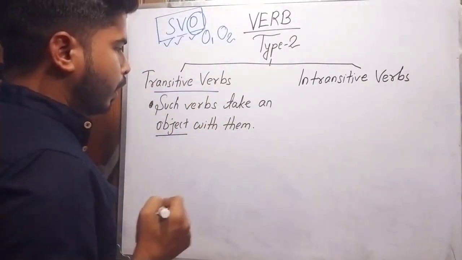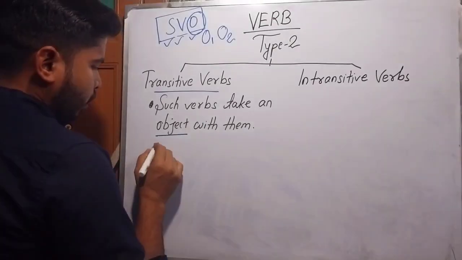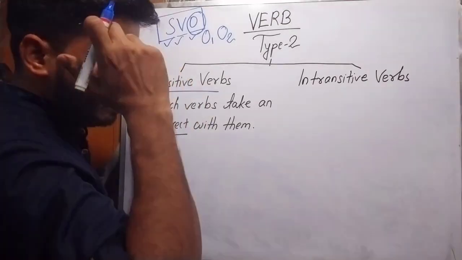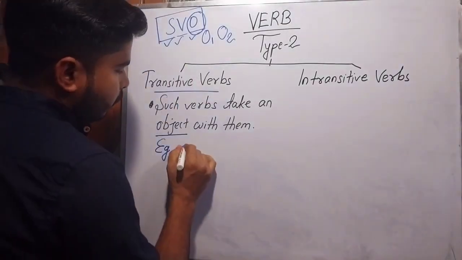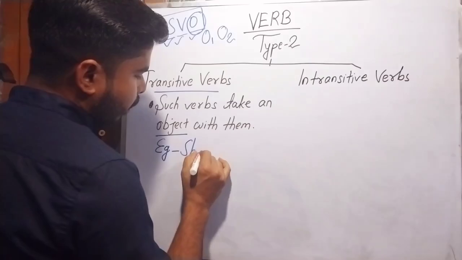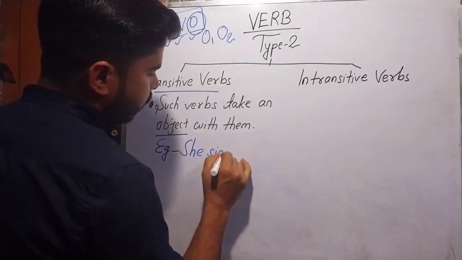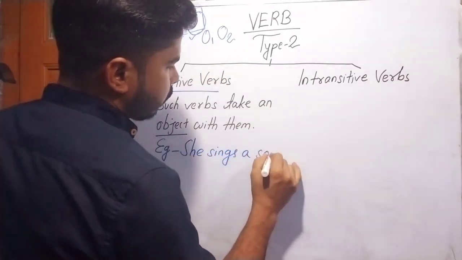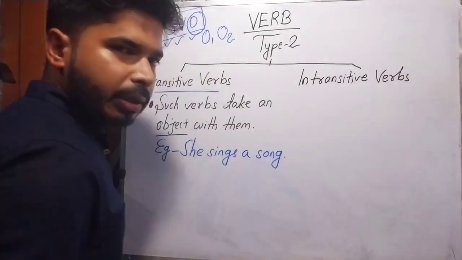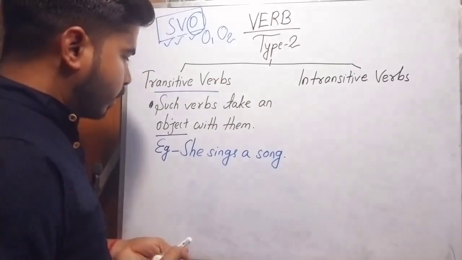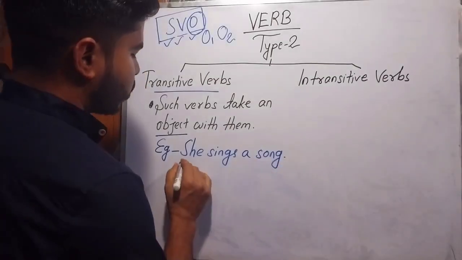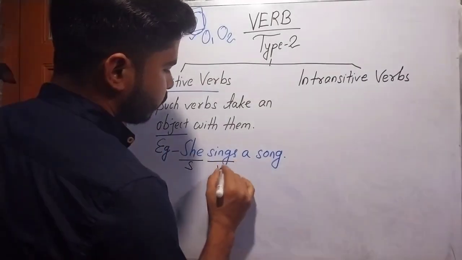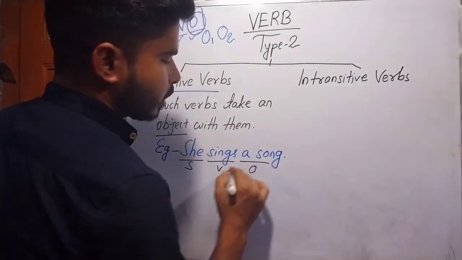Okay, how? Let's take an example. For example, we can write: She sings a song. She sings a song, and you can see that she is the subject, sings is the verb, and a song is the object.